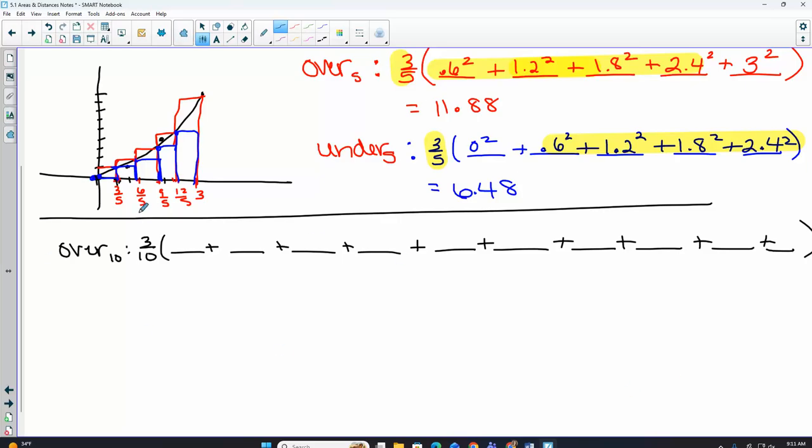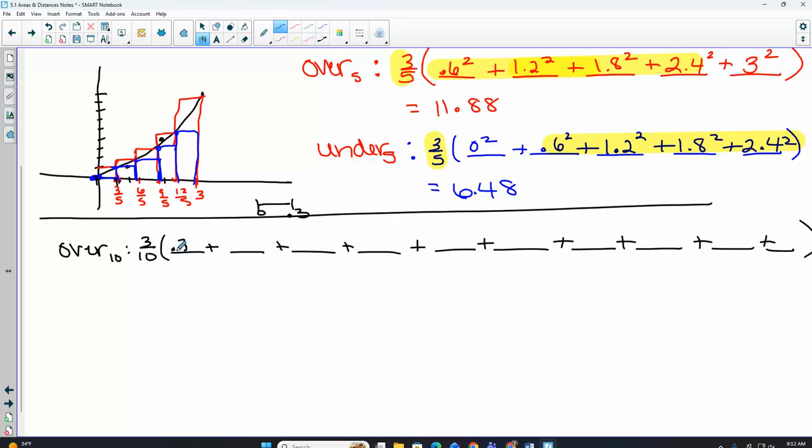Okay, so without drawing it out, let's just think about it. The overestimate, we've already said for this one, would start with the right-hand sum. So the first rectangle would be starting at 0 and ending at 3/10, or 0.3. So if I'm using the overestimate here, the first number I'd plug in would be 0.3.